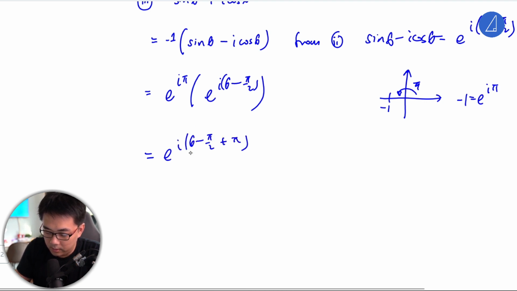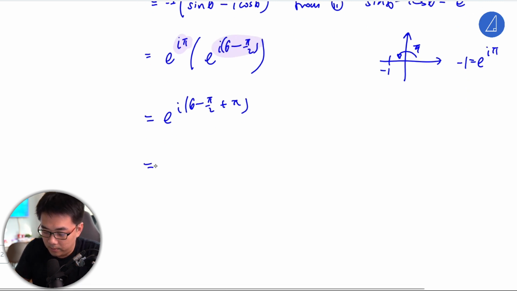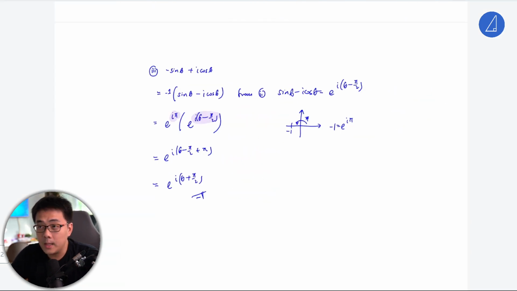Plus π, this is adding with this one, right? That will be e^(i(θ plus π/2)). Okay, that is part 3 done.